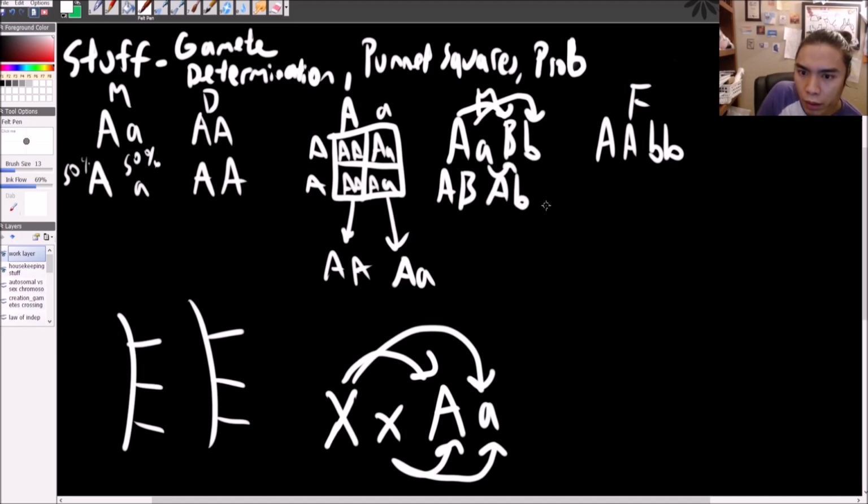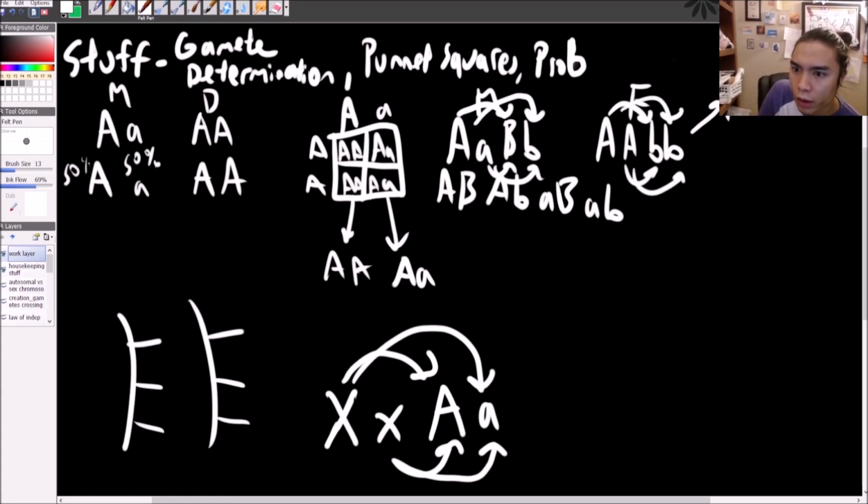Over here, you can make little a, big B. And then over here, you can make little a, little b. We'll do the same thing over here. You see that because he's homozygous for both of them, it would just be A, B for all of them.